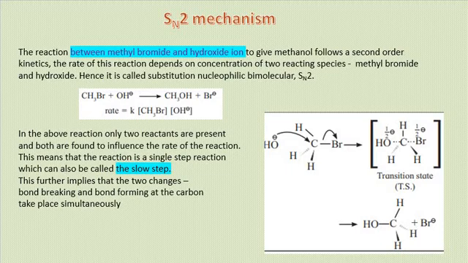And what are the two things? The bond breaking between carbon and bromine in the compound methyl bromide, and bond formation between carbon and hydroxide ion. Bond formation and bond breaking are happening simultaneously.